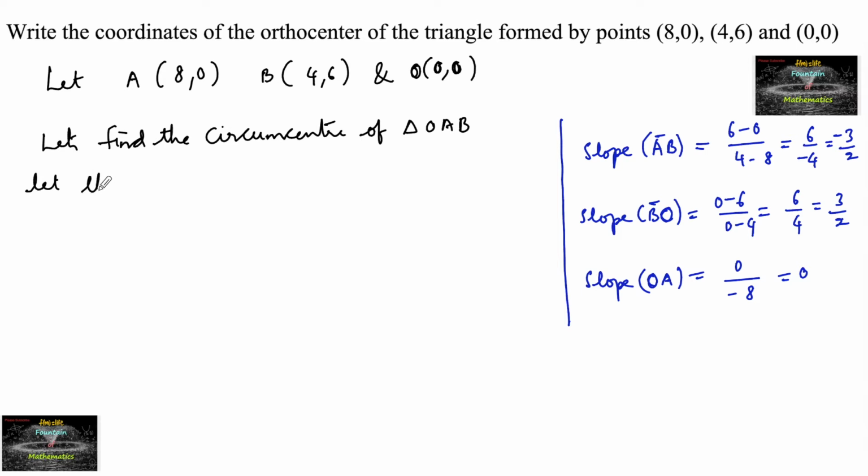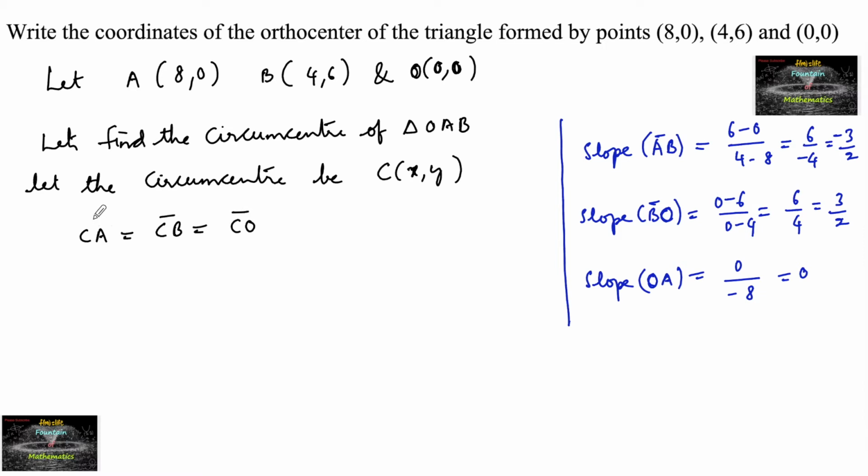Let the circumcenter of triangle OAB be C(x, y). Then, since we know that circumcenter is equidistant to all the vertices, CA is equal to CB is equal to CO.